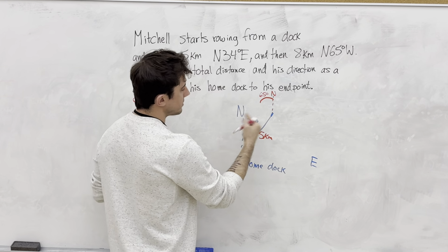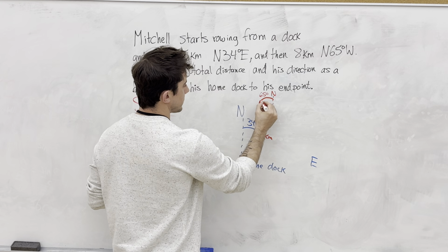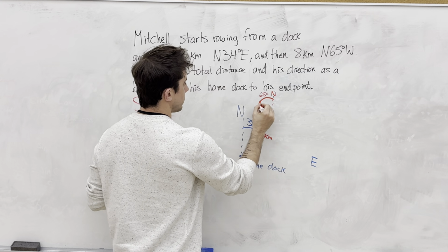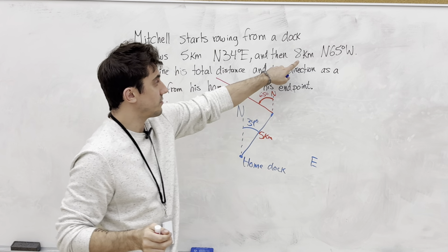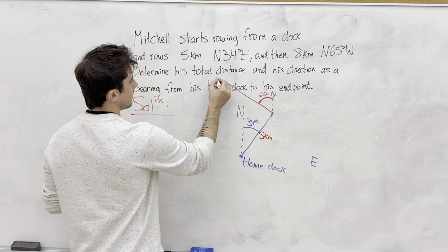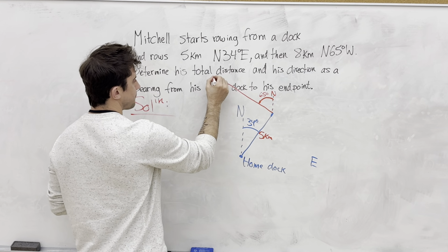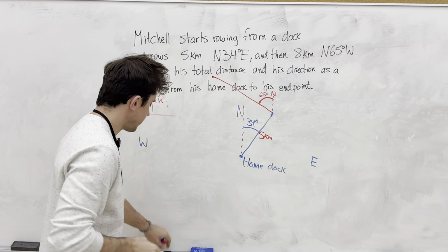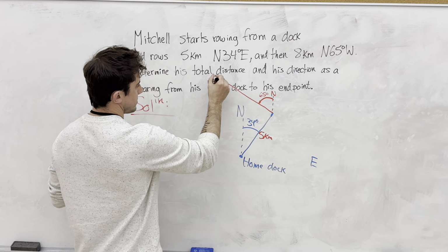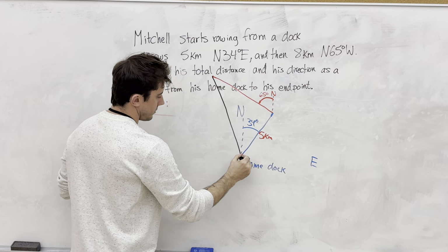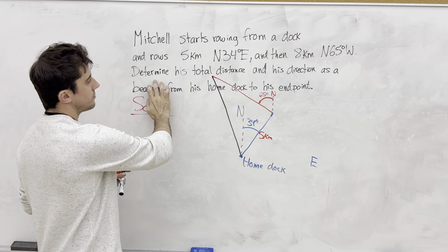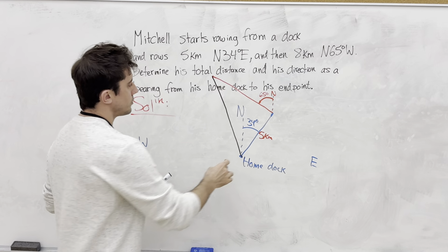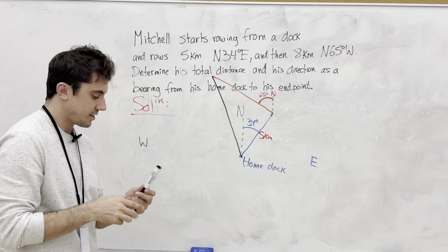Right, that would be 90 degrees, maybe a bit more, something like this. And then he's gonna travel something like that. That's 5 kilometers. Now he's traveling 8 kilometers. And so, let's make it look somewhat accurate. And then, obviously, you can imagine his journey ends like so, okay?